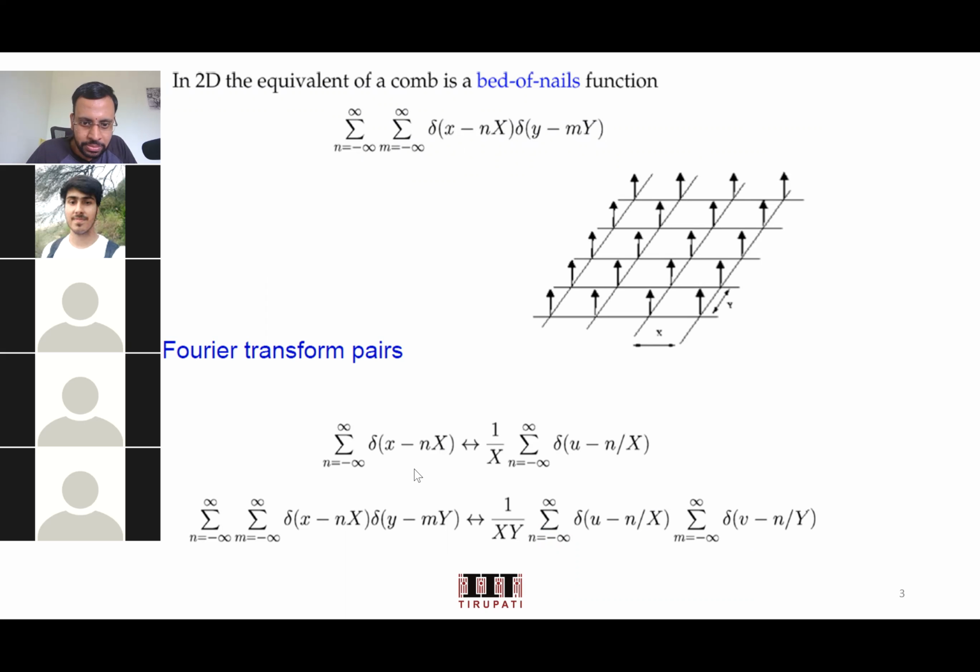Looking at the Fourier transform pair: where impulses are placed at integer multiples of x, you take the Fourier transform and they are now placed at integer multiples of 1 by x, with a multiplication factor of 1 by x. The same thing repeats for the bed of nails: placed at x and y, with a multiplication factor of 1 by xy, and this is the Fourier transform pair.